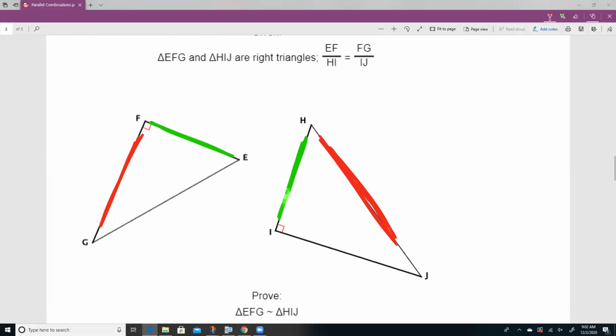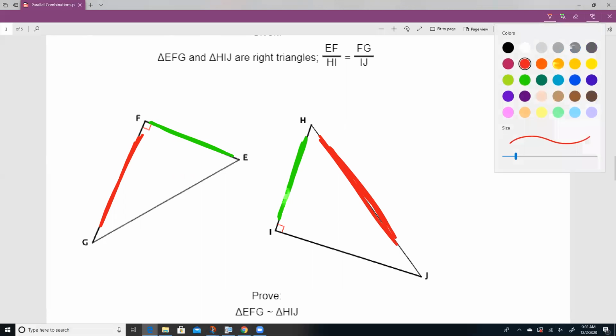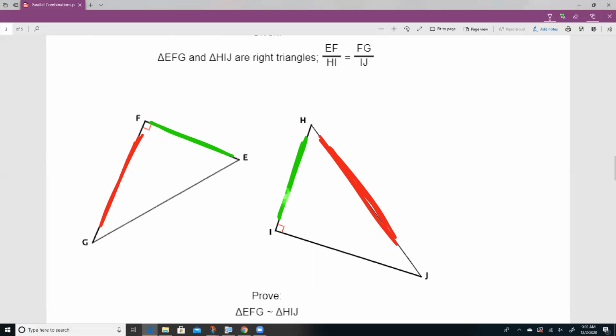Ooh, and I also know that this is a right angle. Hold the phone. What did I do wrong? Oh, sorry. I apologize.